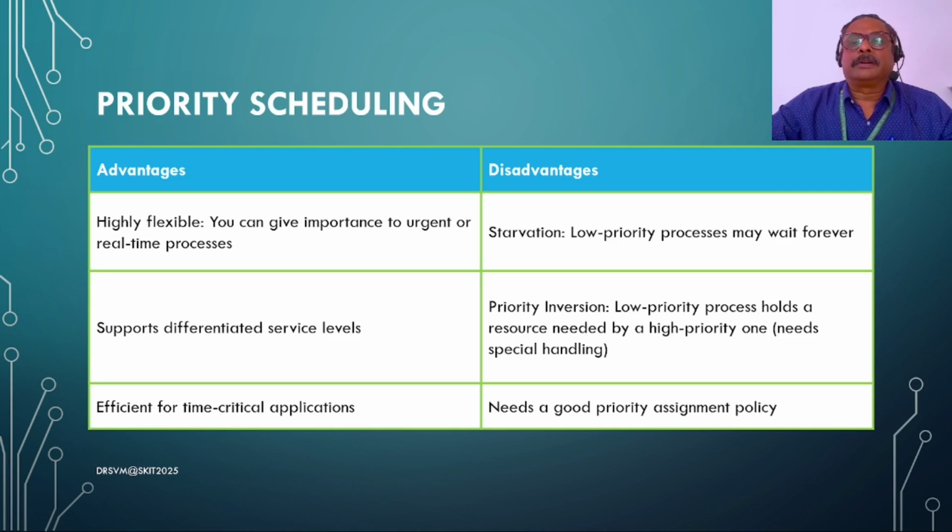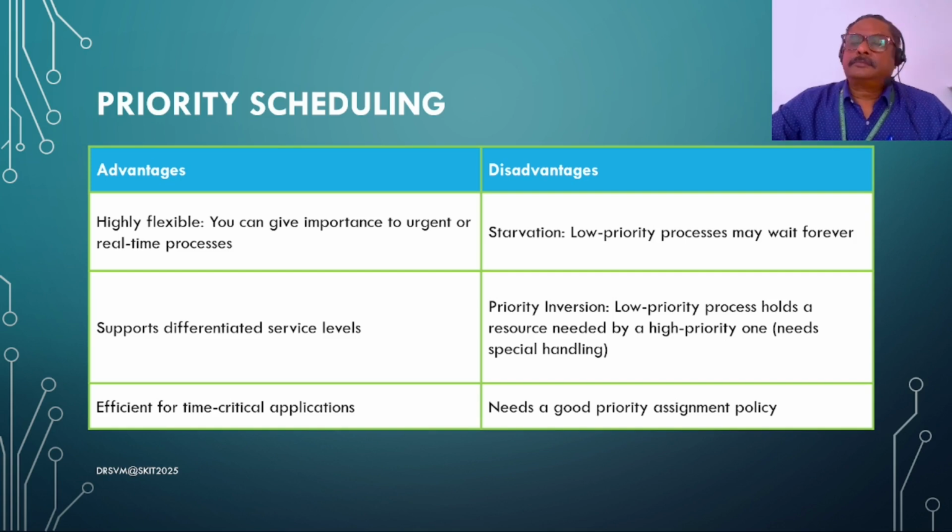So we just lock it and say that this resource is currently useful only to this particular process, and that process which has locked a resource happened to be a low priority process, and when a new high priority process comes in, then the low priority process will be stopped and high priority process gets to work.